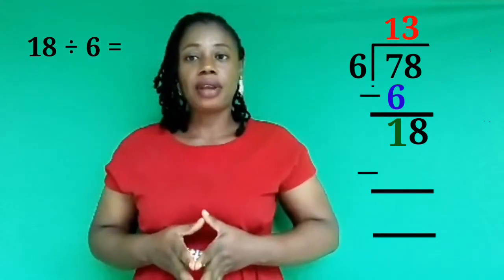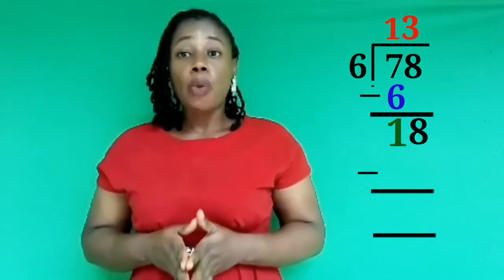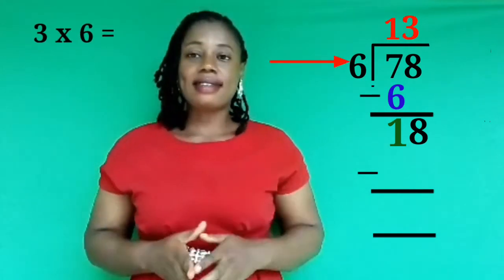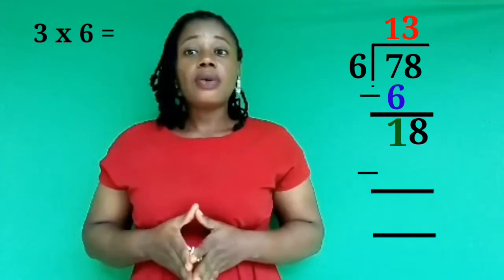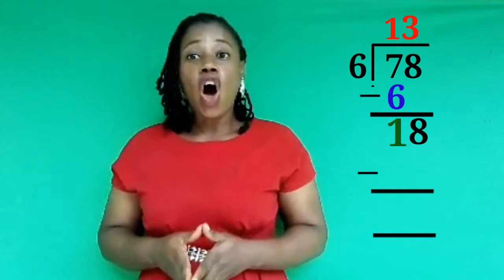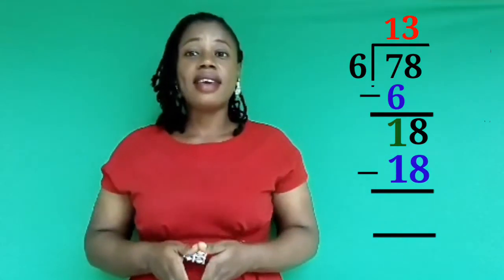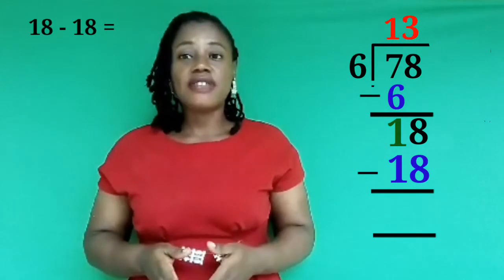You have 3. Now that answer you have as 3 multiply by 6, which will give you 18. You write the 18 under the first 18 you got. So 18, take away 18, gives you 0.